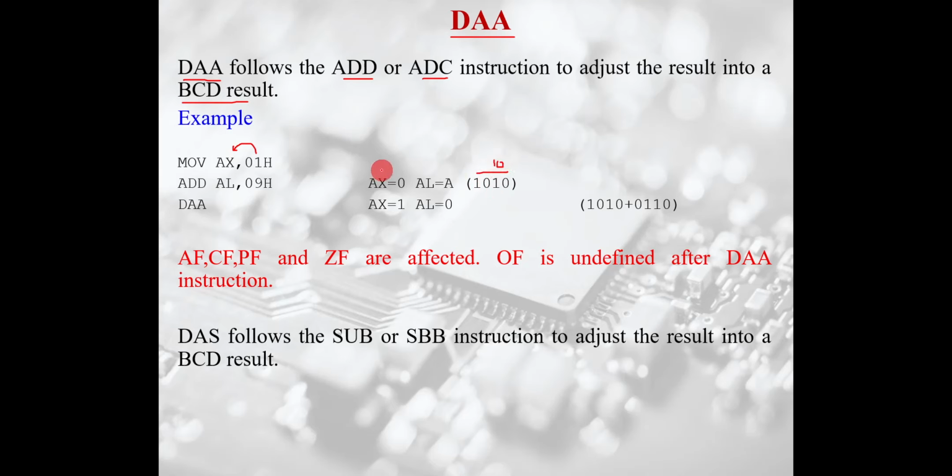So in AX I have 1 initially, and in AL I have 9, and I am adding to this 9. It is creating a problem out here.